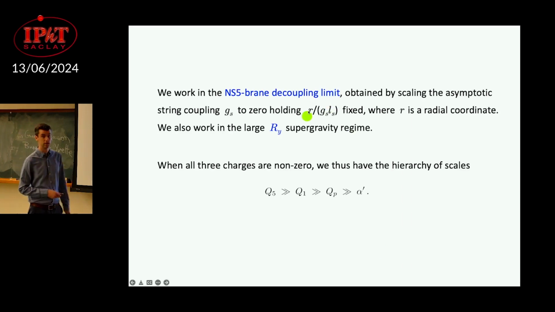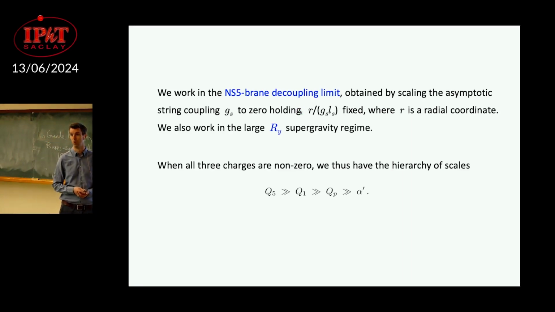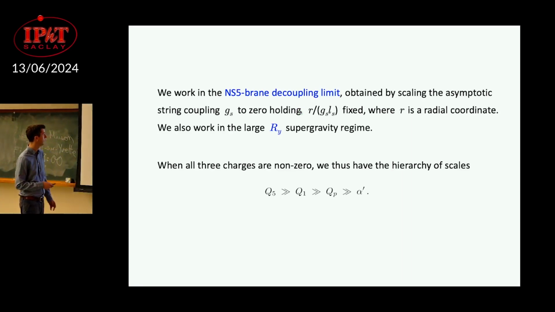So r is a radial coordinate here, r divided by g_string l_string. And we'll also work at large R_y in the supergravity regime, and that gives us a multiple hierarchy of supergravity charge radii scales. Q5 will be the biggest scale, followed by Q1, Qp, and eventually the string scale.